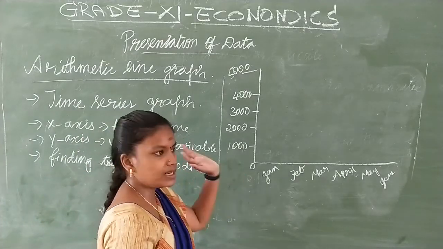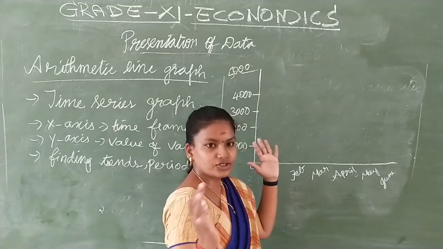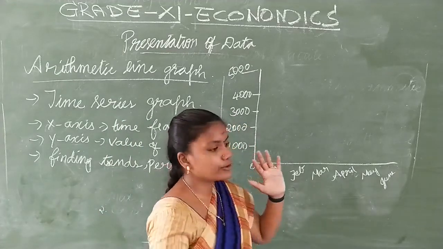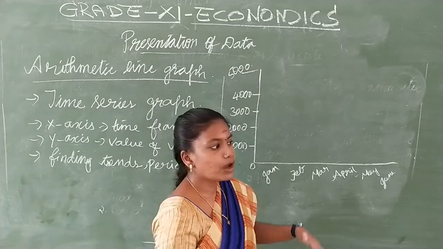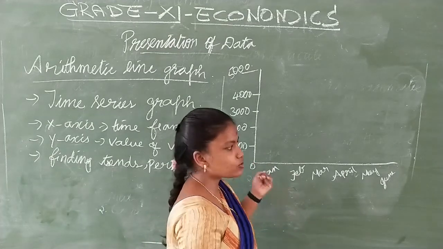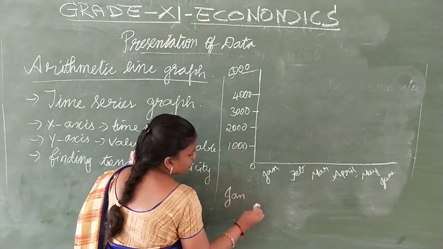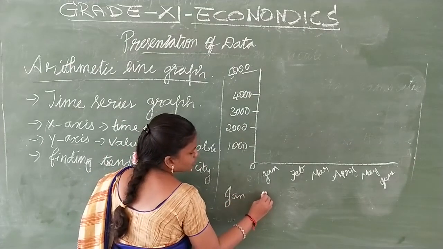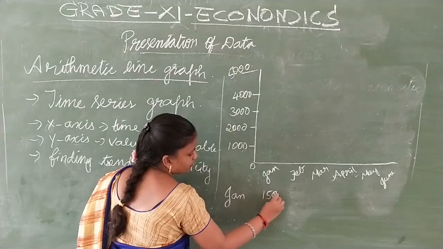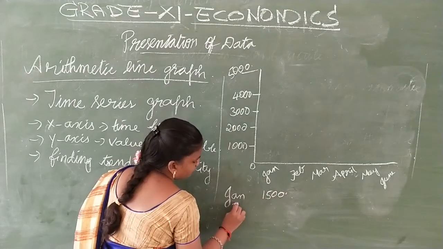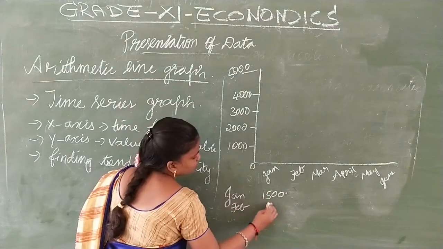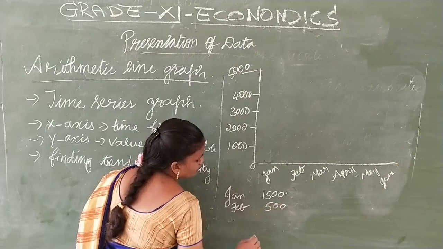For example, let us have our own imaginary data. I'm not going to follow the example given in the book, I'm going to give my own example. So we can have data here: in Jan the production was 1500. In Feb, due to some reason, it fell to 500.